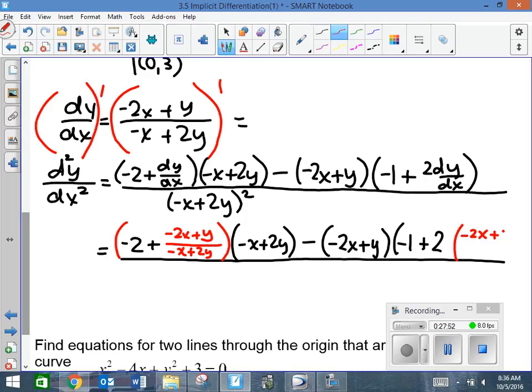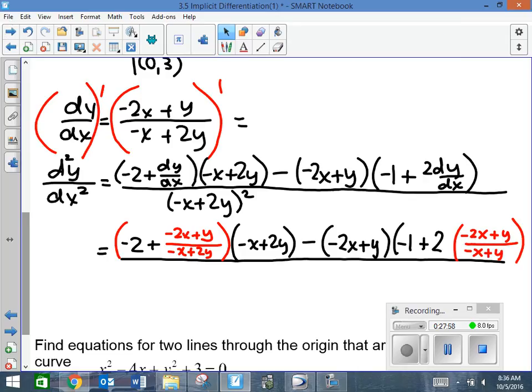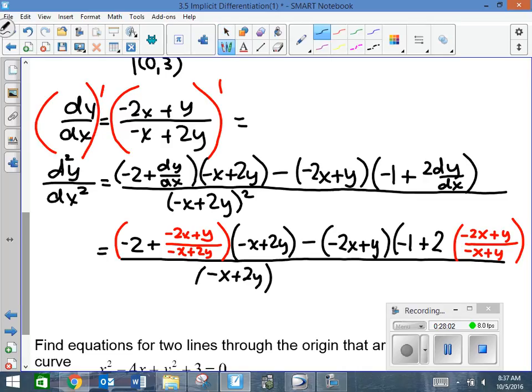(-2x + y) over (-x + 2y). Okay. I got the dy/dx put in there correctly, right?